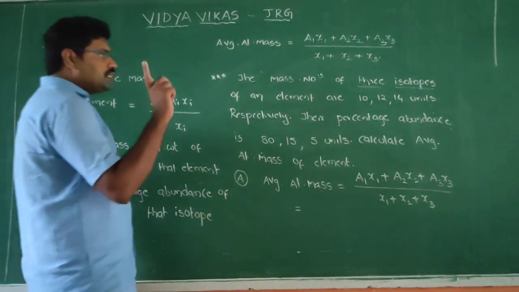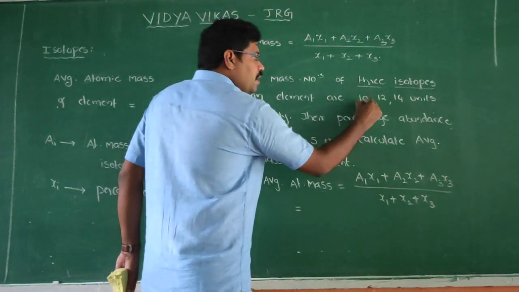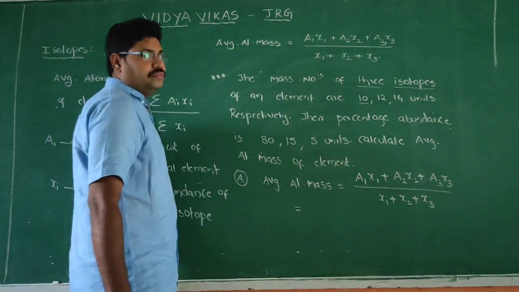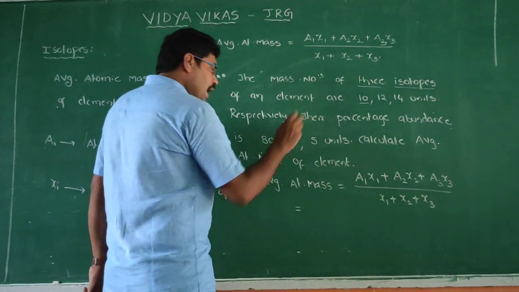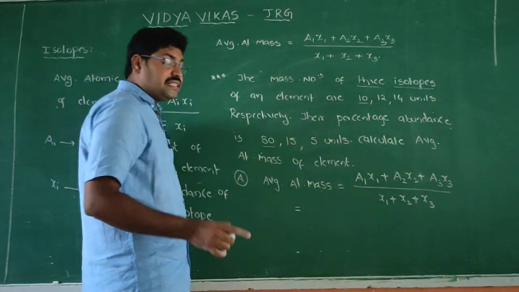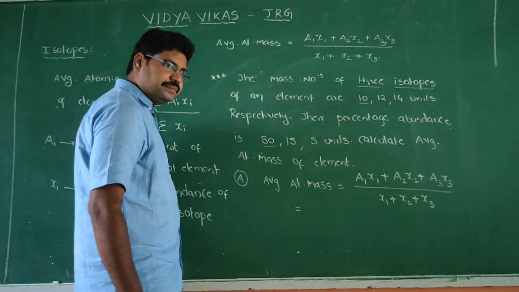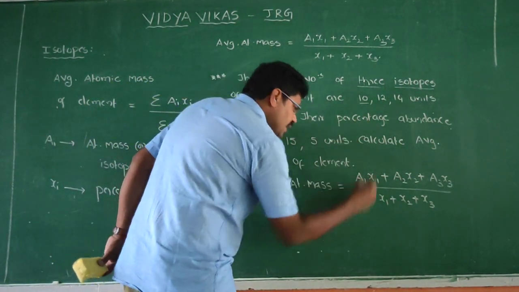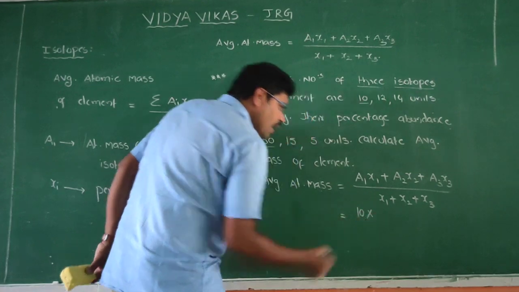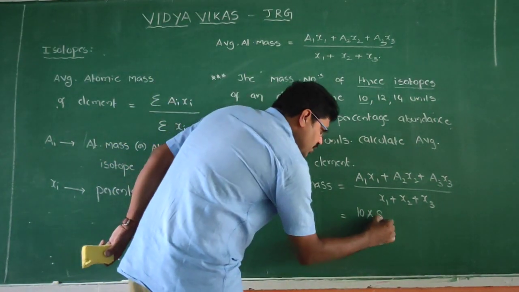For the first isotope, its atomic mass is 10. Atomic mass is nothing but mass number, that is 10. And its abundance, sir? Its abundance is 80%.